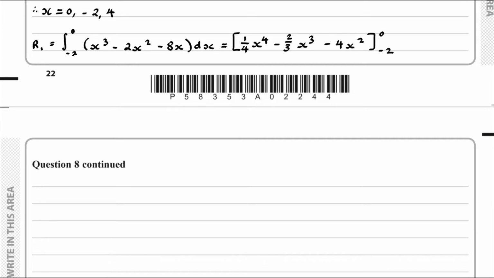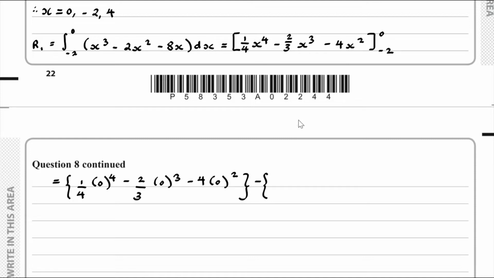So working this out, for our upper limit, we have 1/4 of 0⁴ minus 2/3 of 0³ minus 4 of 0².